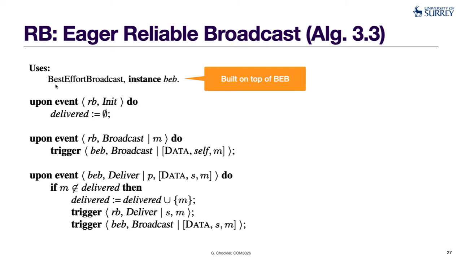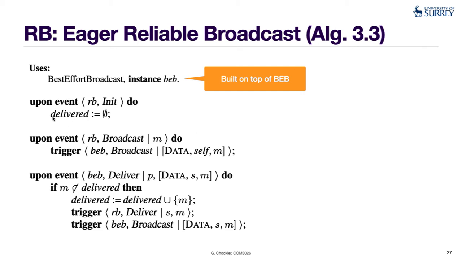We're going to use this instance BEB of best effort broadcast. The algorithm implementing reliable broadcast we will consider is called eager reliable broadcast, and this is algorithm 3.3 in the textbook.